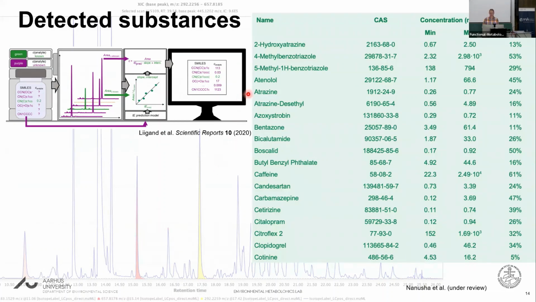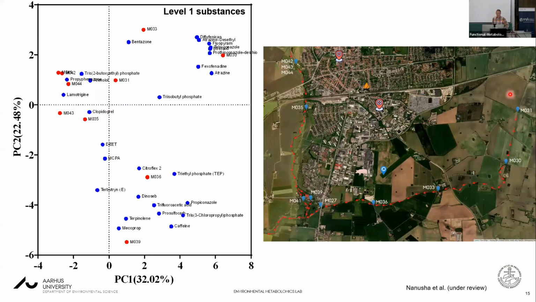the unknowns. And then we find out concentrations of, for instance, some atrazine pesticides and what concentration range they are in the river water, and how many samples they are detected in. And in the end, we are ending up with something like 40 substances that we have annotated at the highest level.